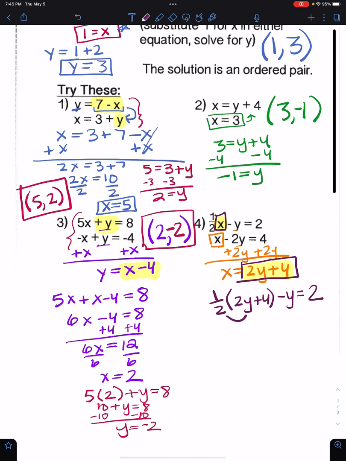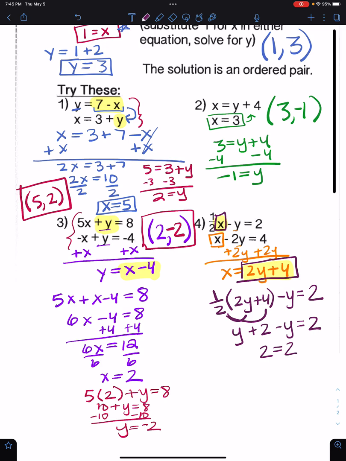So let's distribute. Half of 2 is 1, so I just get 1y. And then half of 4 is 2, so that wasn't too bad. And then y minus y is just 0y. So I'm left with 2 equals 2.